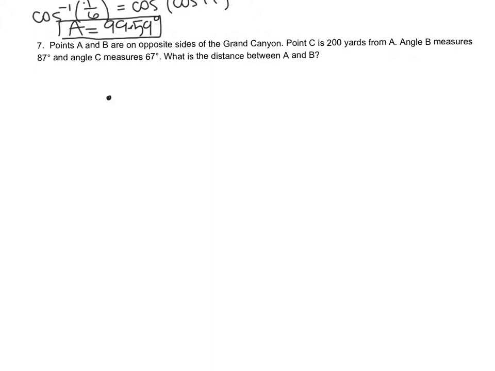So we have points A and B on opposite sides of the Grand Canyon. So A and B. And we're given an arbitrary point C that is 200 yards from A. So we know this distance is 200 yards.